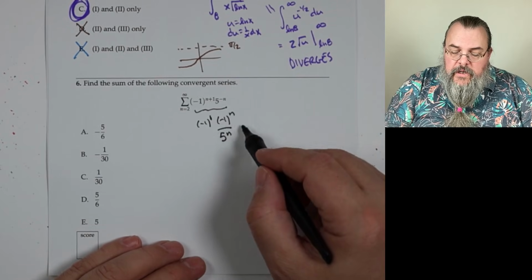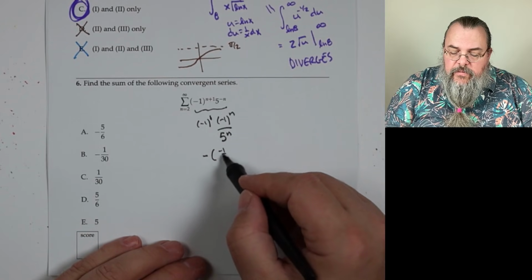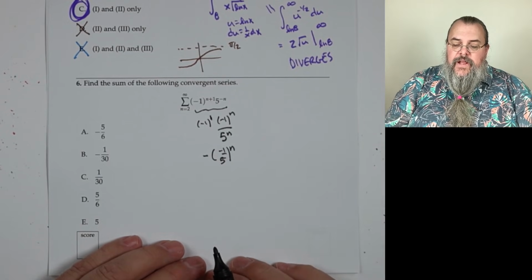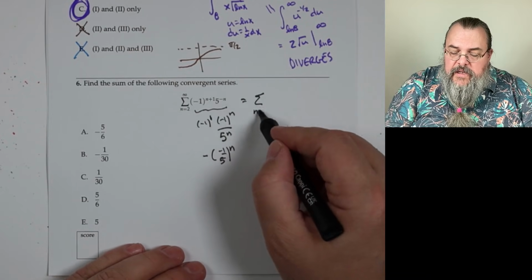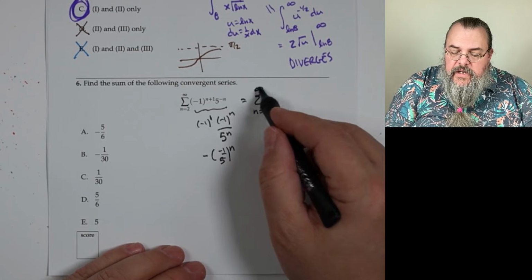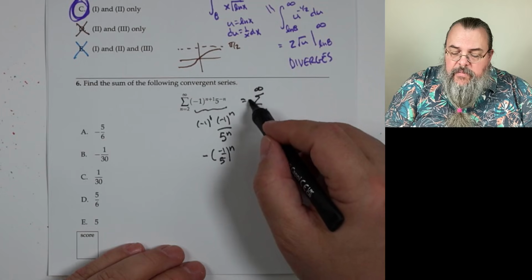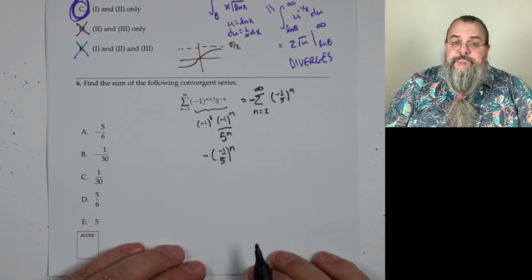Or we can say, hey, this looks like minus 1/5 to the n power. So that's really what we're summing. So this is the sum, n equals 2 to infinity. And let me go ahead and put the minus outside. Minus 1/5 to the n.